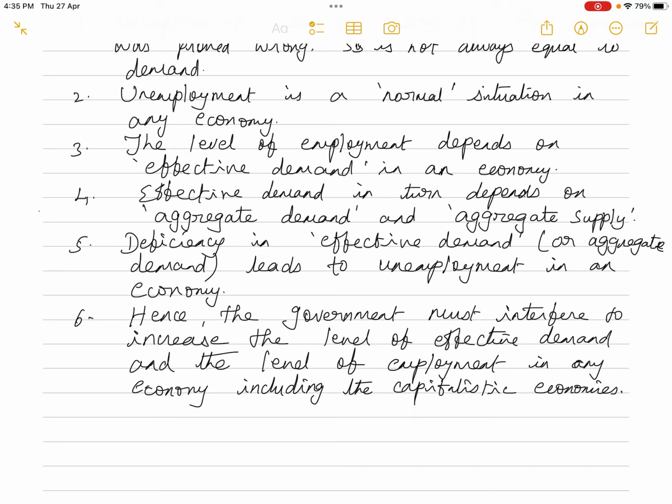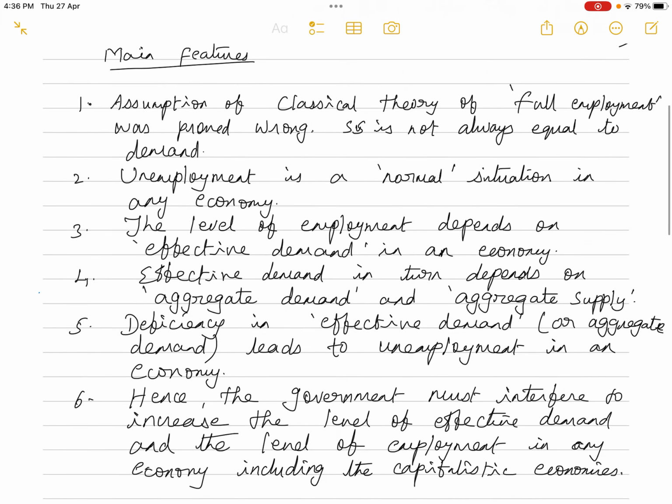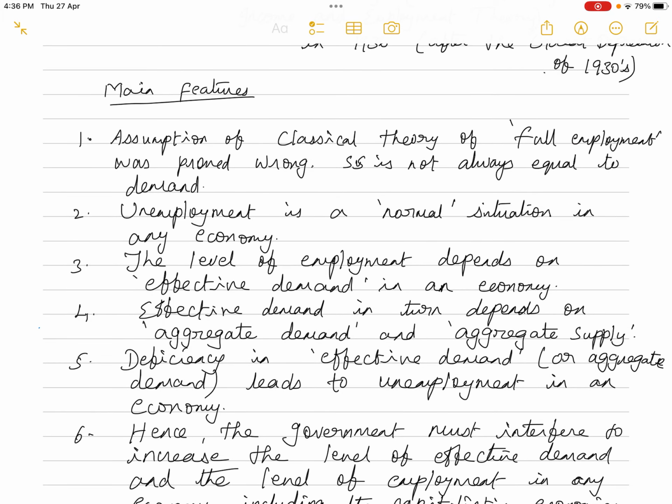This is the assumption of classical economists. But Keynes said that, because of the Great Depression, he proved that the government must interfere to increase the level of effective demand and the level of employment in any economy, including the capitalistic economies. So even in capitalistic economies, the government must interfere to raise the level of employment. These are the main features of Keynesian theory.